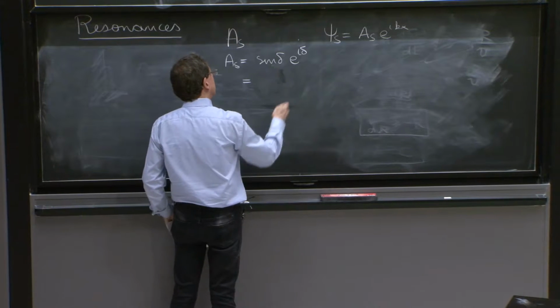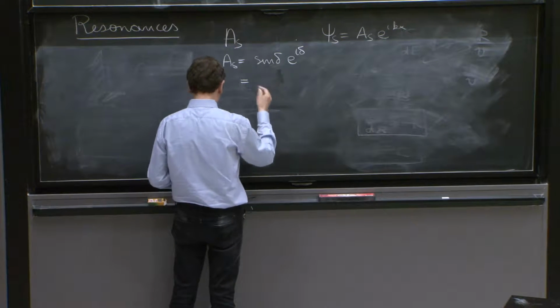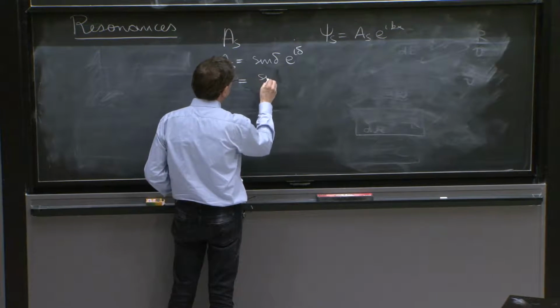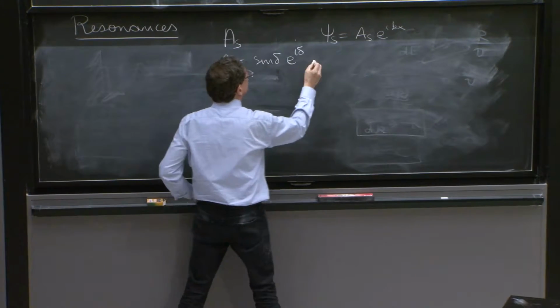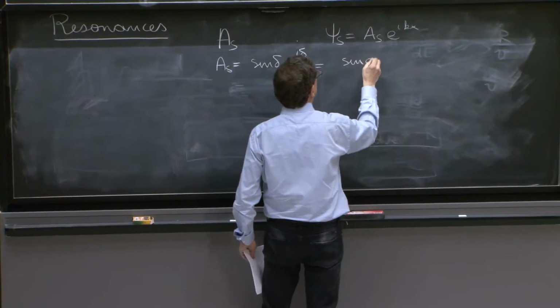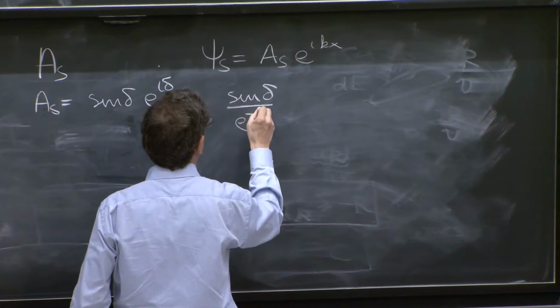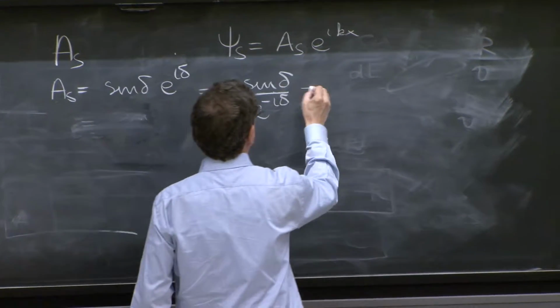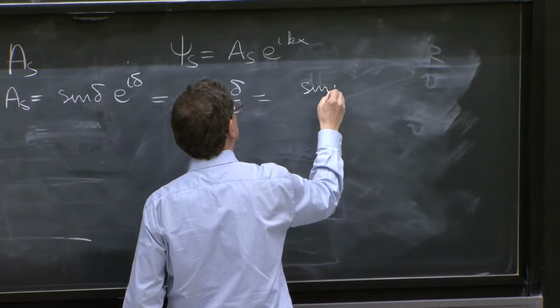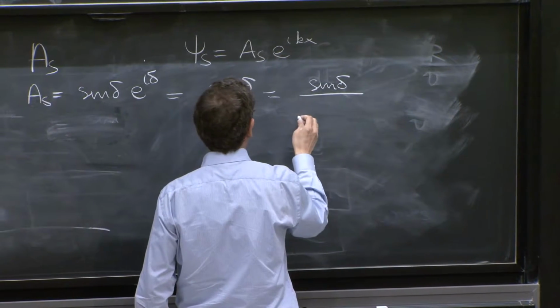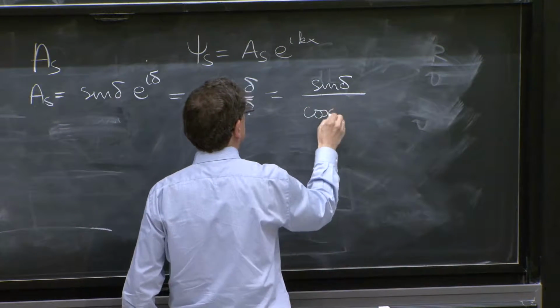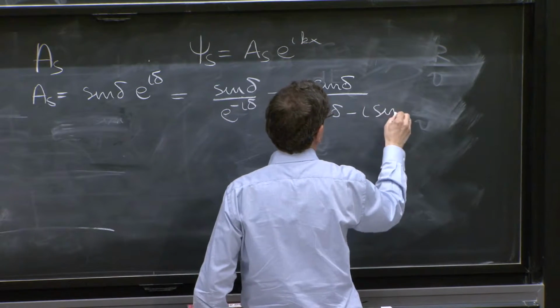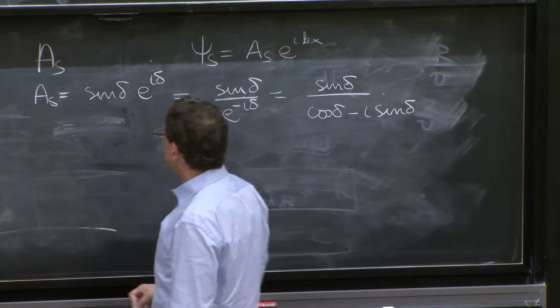So let's write this as sine delta over e to the minus i delta. And that's sine delta over cos delta minus i sine delta. That's all good.